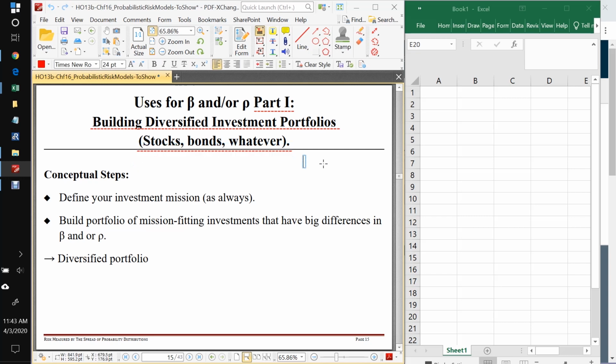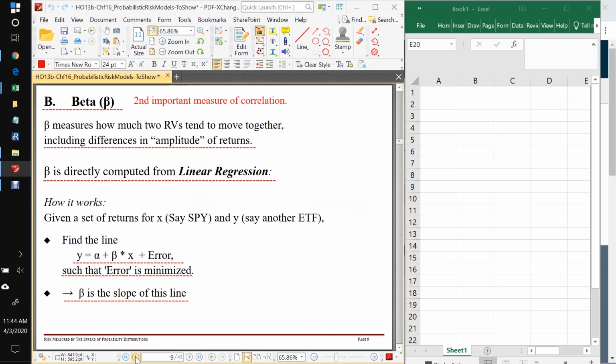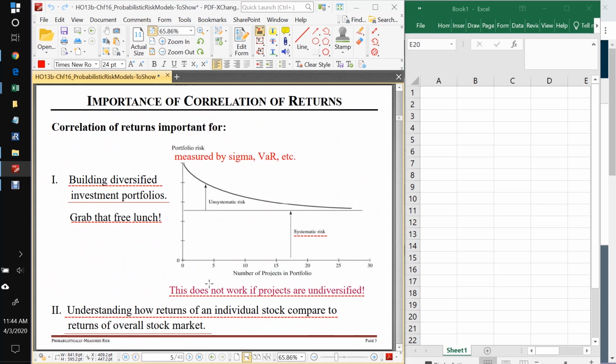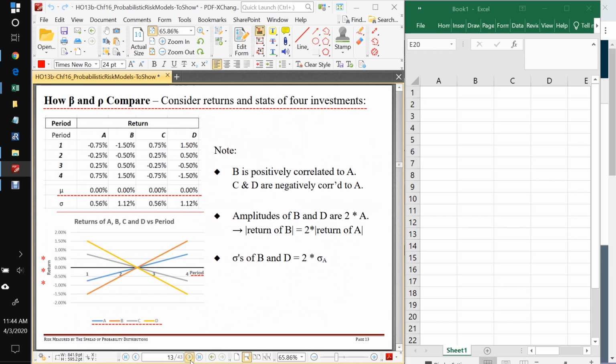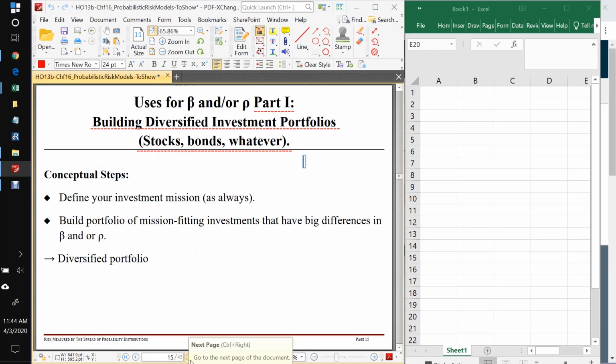We're going to focus on stocks, but it could be stocks, bonds, or whatever. Remember that a diversified portfolio reduces our risk so much. I can't stand it. I can't show you this graph too much. Take advantage of this benefit of diversification. So correlation coefficients are what help us get there, and betas.